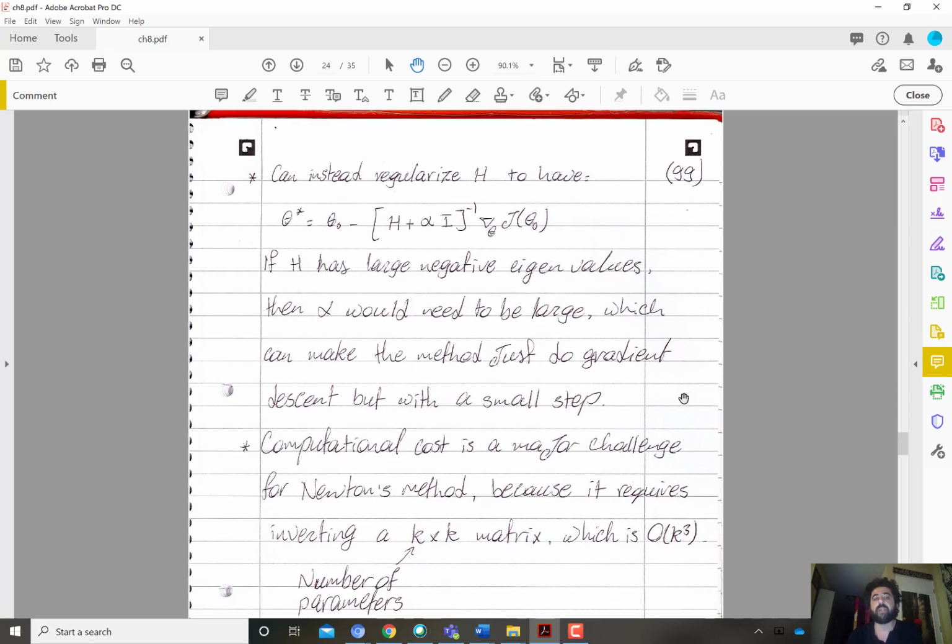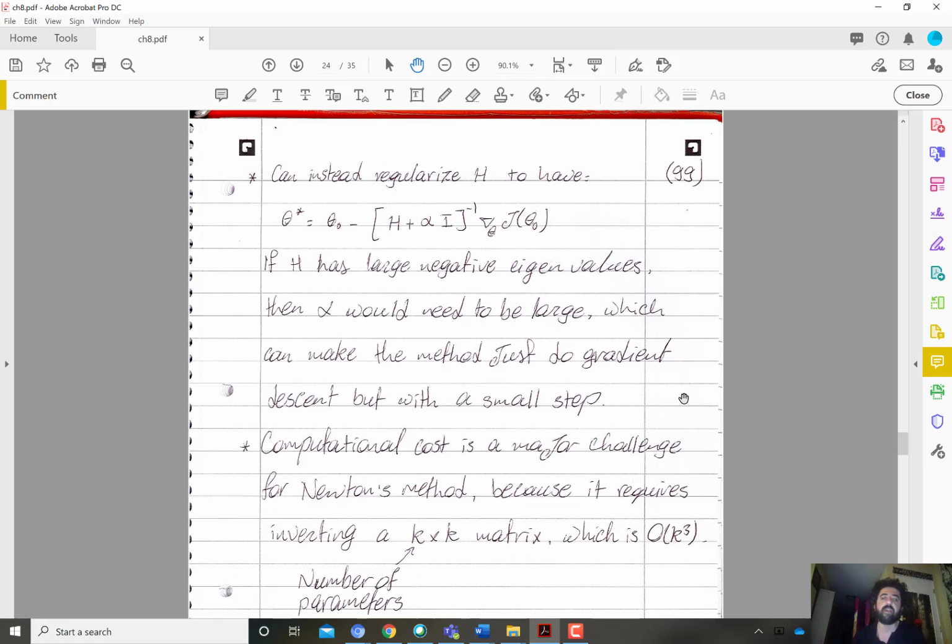Now the second major problem with Newton's method, and both these reasons will motivate what follows: saddle points, which is a problem from an optimization perspective, and the other is a problem from a computation perspective, which is inverting the Hessian, right? Typically, if you have a number of parameters k, then the Hessian is a k by k matrix.